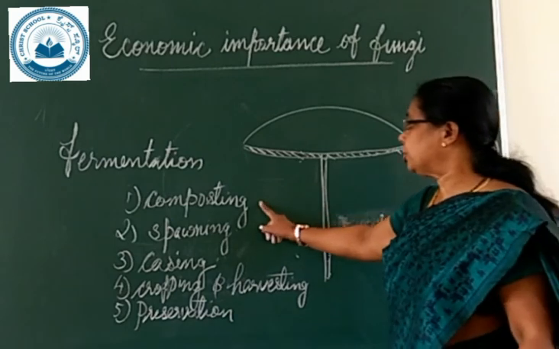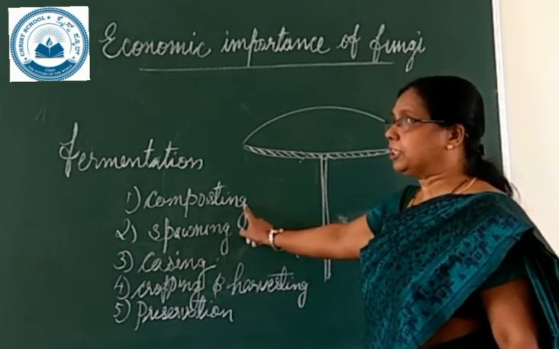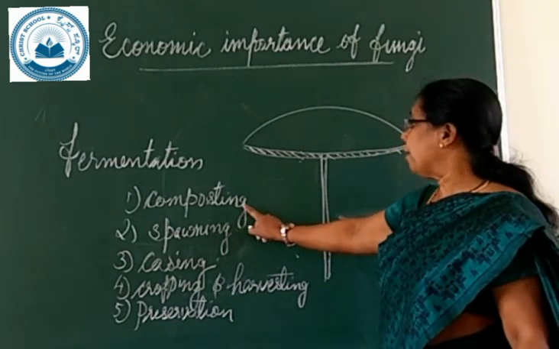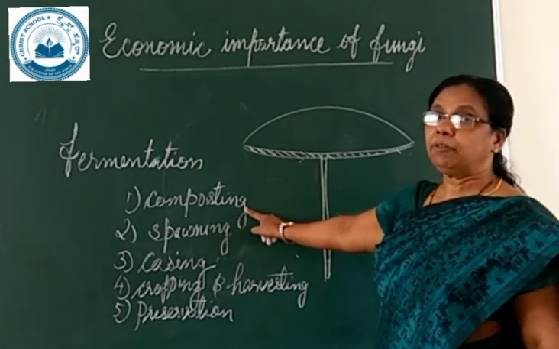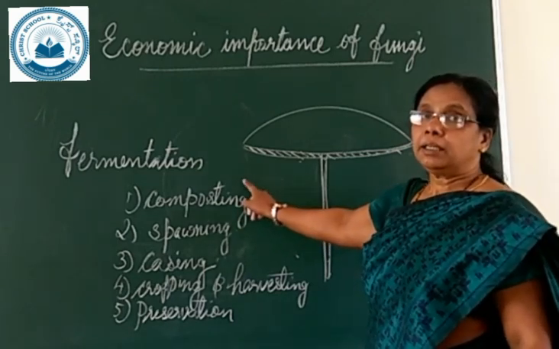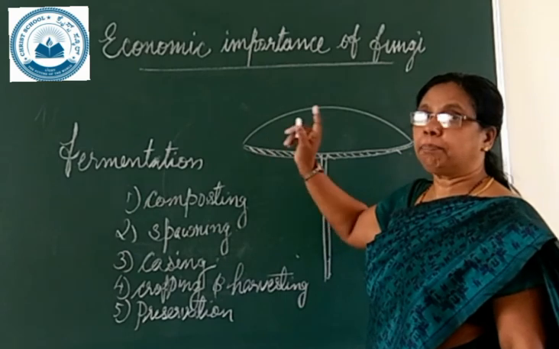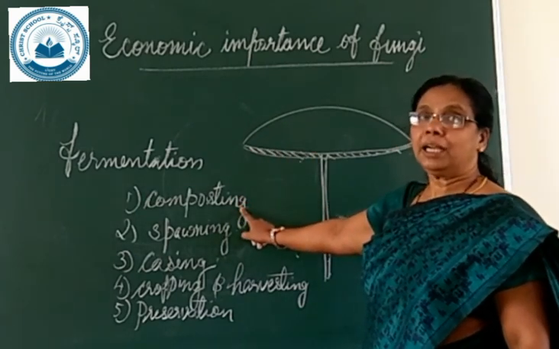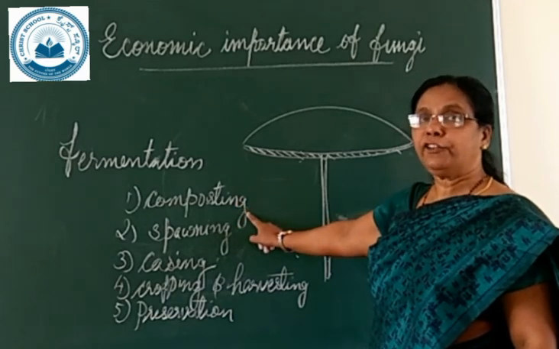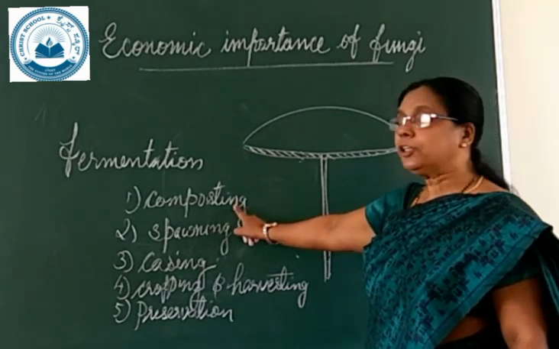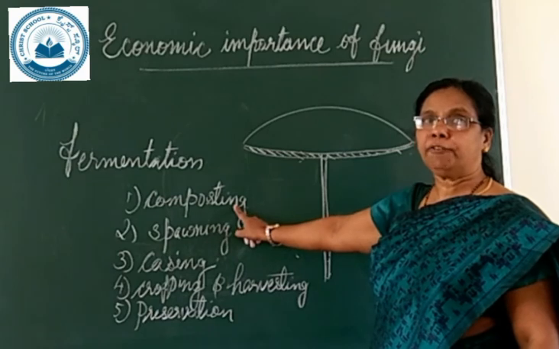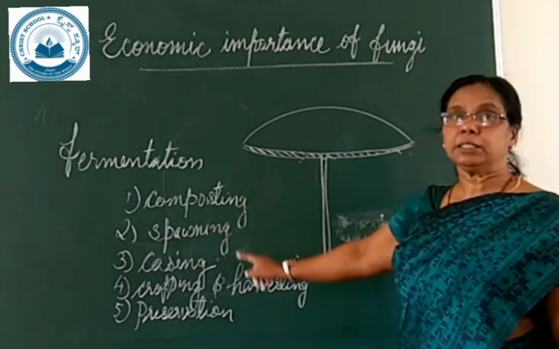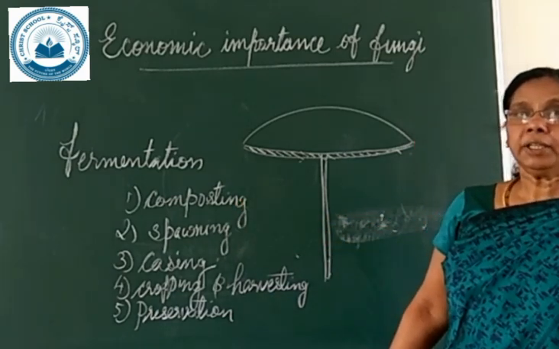First one is composting. Composting means we are preparing the compost by mixing paddy hay, chicken manure, and adding some inorganic fertilizers. Here the compost is ready, and we keep it at 50 degrees Celsius for nearly 1 week.